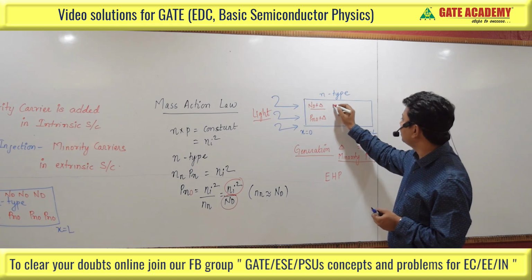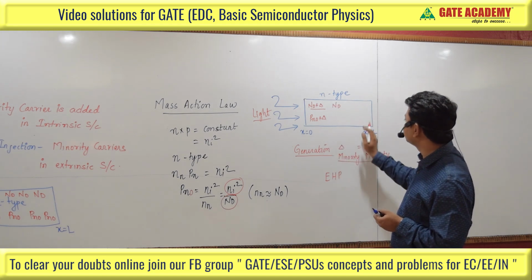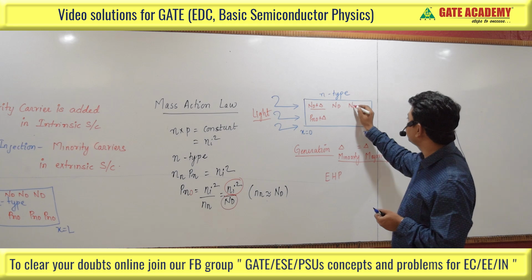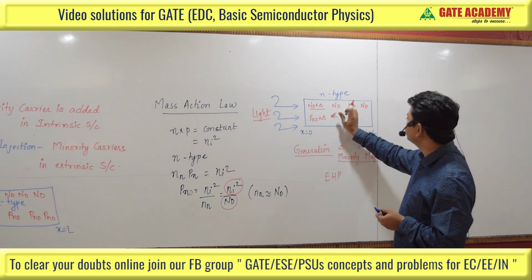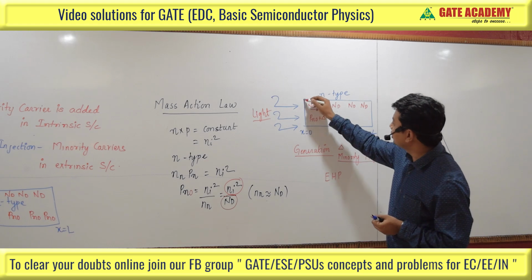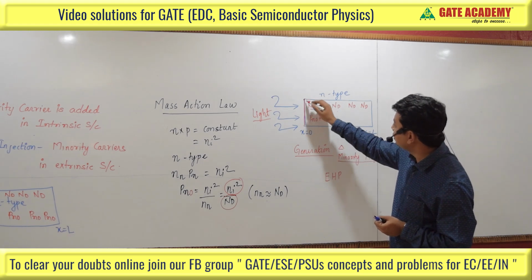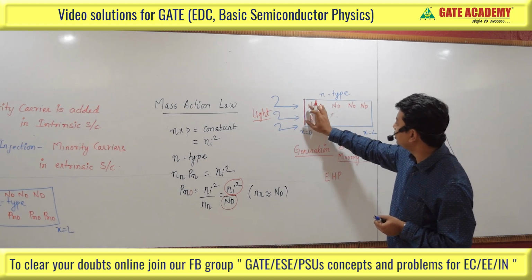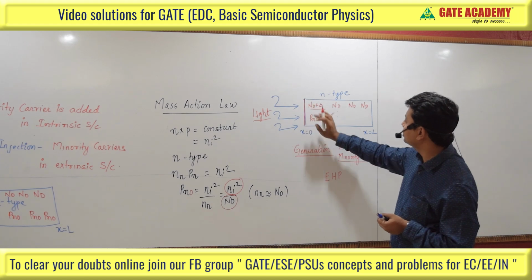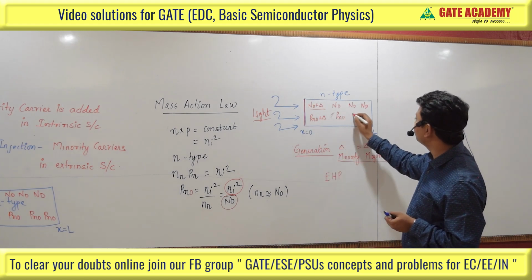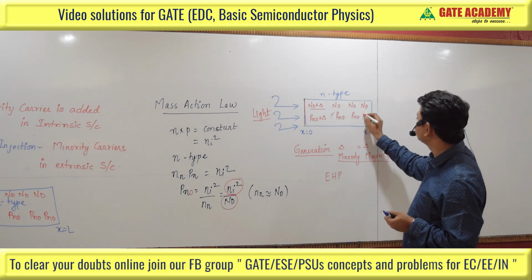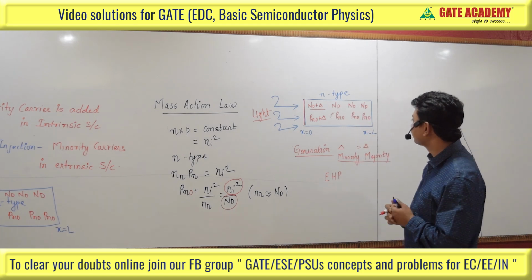Similarly, if you move towards x is equal to L, we get the same values, since we illuminated only one edge of the semiconductor, so the covalent bonds are broken only at this edge, and we assume the remaining values will be the same.